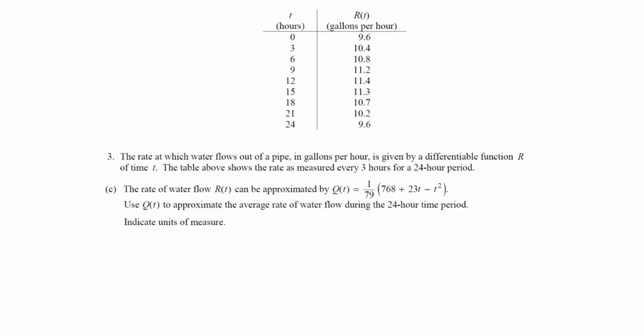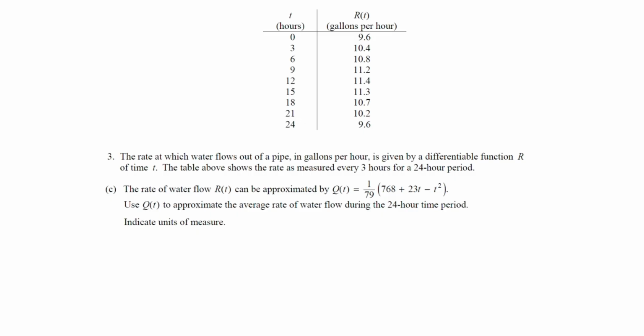And here in part C, it says the rate of water flow can be approximated by Q of t, which is this other function, 1/79th of 768 plus 23t minus t squared. And use that to approximate the average rate of flow of the water during the 24-hour time period.